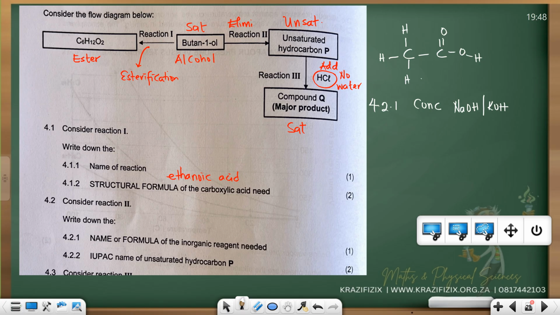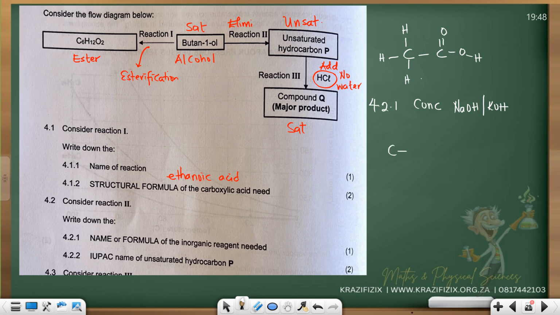IUPAC name of the unsaturated formed. Let's look at it. It's butanol, right? Let's draw butanol. Butan-1-ol. Okay, if I draw it this way. Okay, let's eliminate. What are we going to eliminate? Check here. I'm going to remove what?